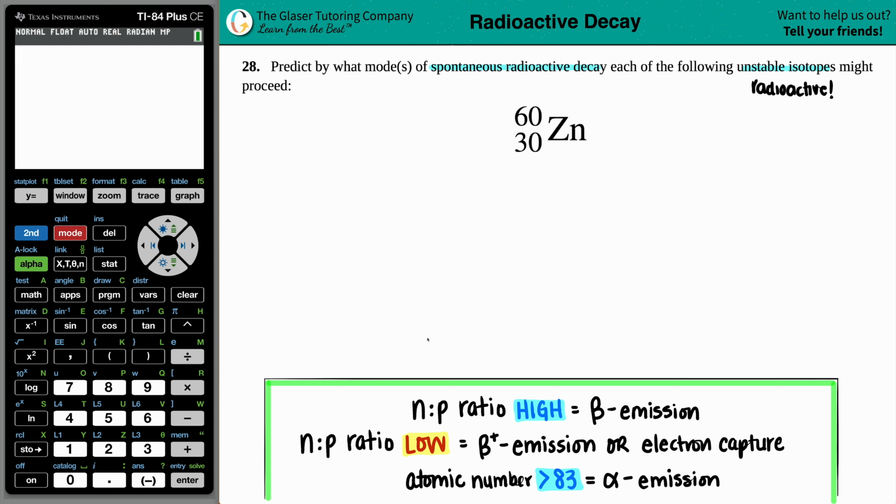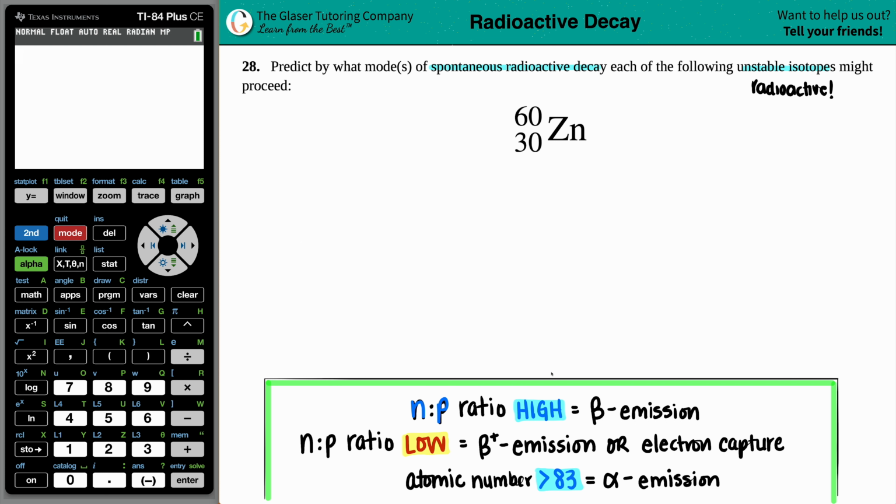But now we talk about NP ratios, whether they're going to be a high value or a low value. If you actually wanted to find an NP ratio, a neutron to proton ratio, you would have to find the total number of neutrons, the N, and the total number of protons, the P, and then the ratio is just the division between the 2. But who's got time for that?